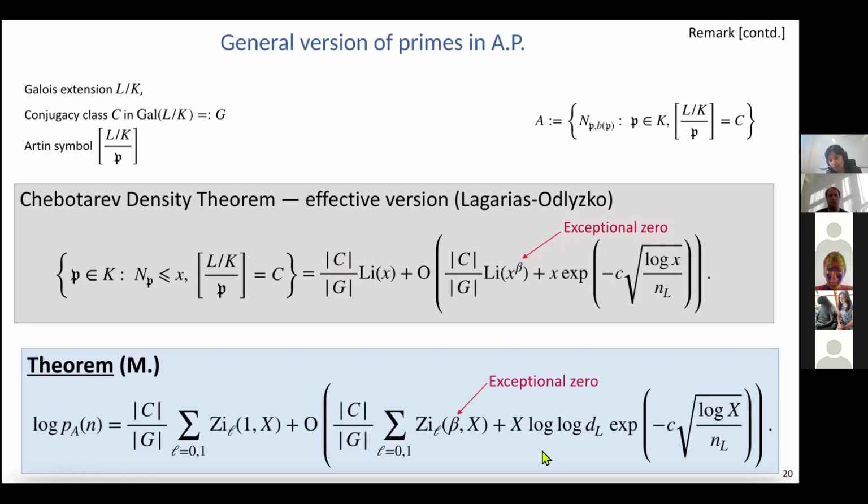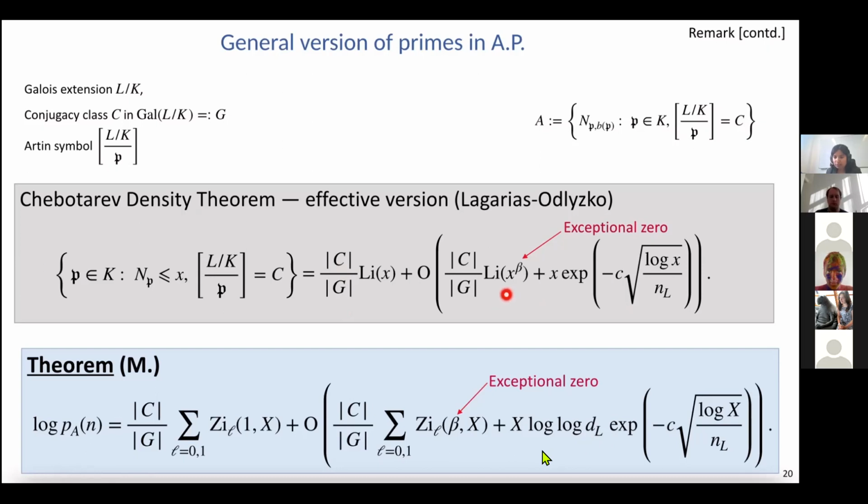That's why you had 1 over phi(q). But now the Galois group could be different, the number of elements in the conjugacy class could be different, and so on. So you get this error term. Here n_L is the degree, and d_L is the discriminant of the extension.